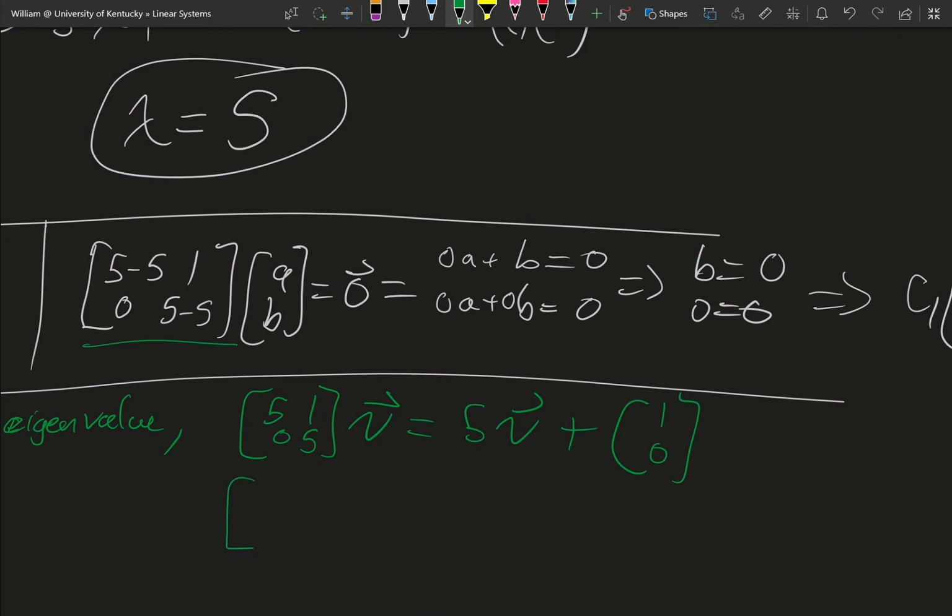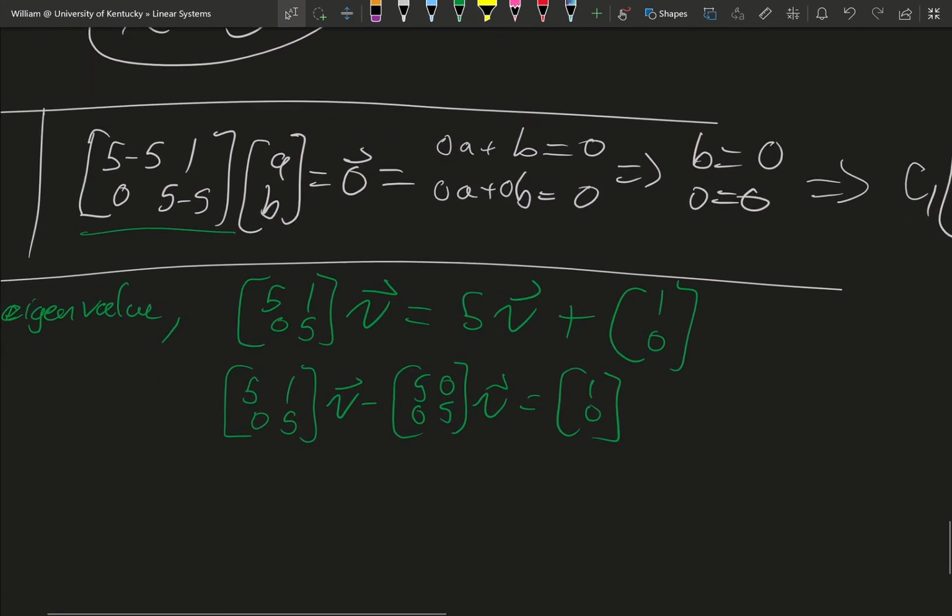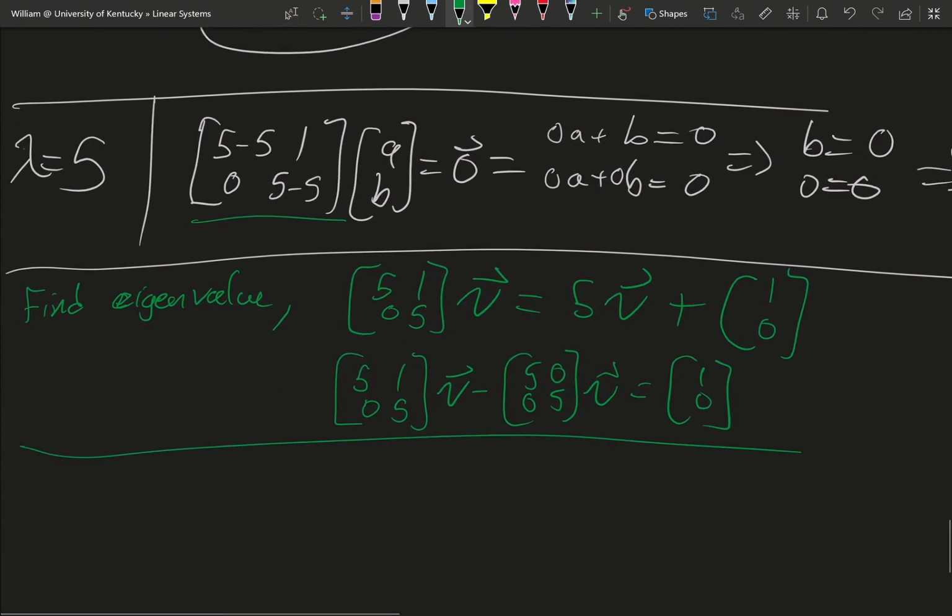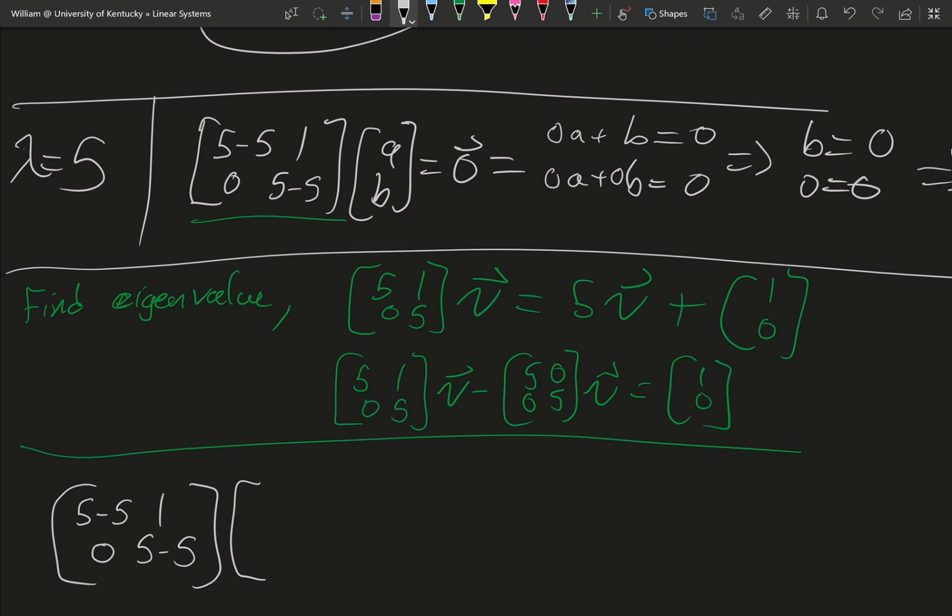So if we just move it over to the other side and write this 5 as 5 times what's known as the identity matrix, then what we end up with is this. So 5 minus 5, 1, 0, 5 minus 5, and then times, I'm just going to reuse a, b. The only difference is now we're setting it equal to (1, 0).